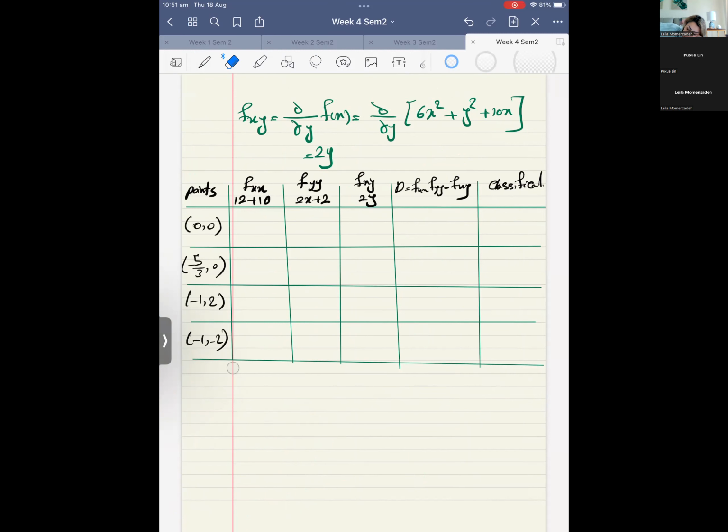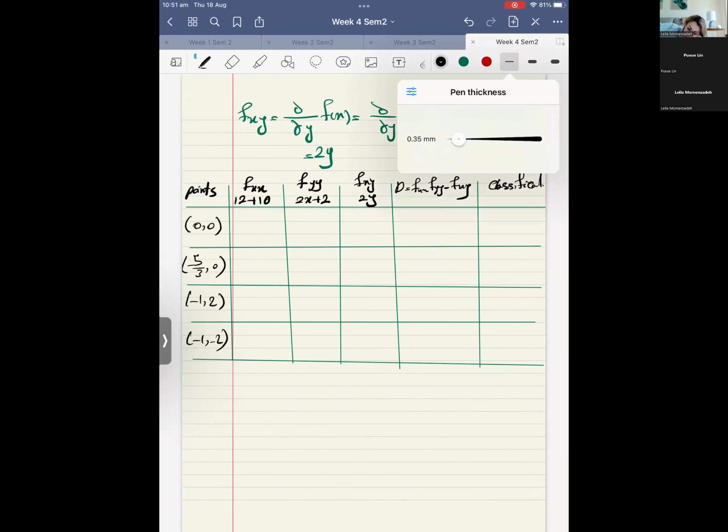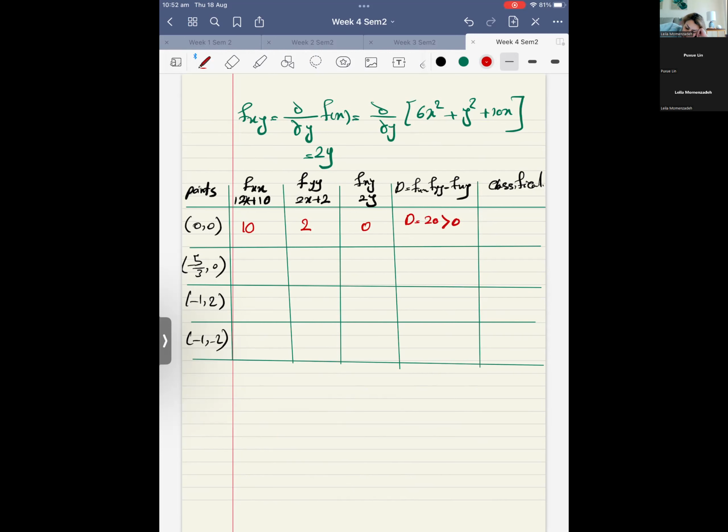Let's see how this looks. Okay. Now, I put here 12x, I put here (x0, y0). It would be here 10, here 2, and 0. And 10 times 2, D would be 20, which is more than 0.